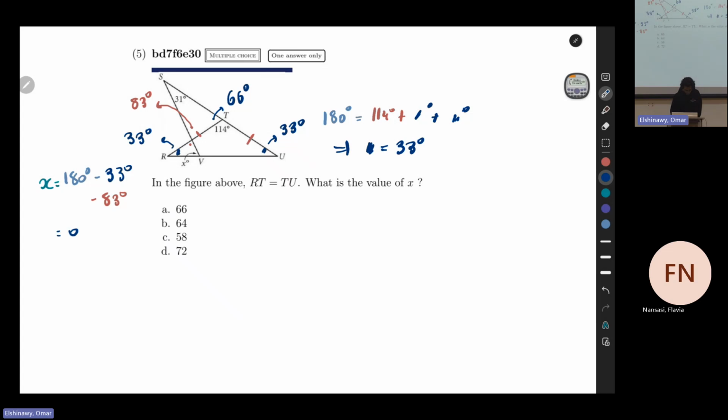64 should be the answer, but I would really like to do it in another way. There are different ways to do it. You're 100% correct on this. But I'm just thinking about something. We have this triangle, right? And we have two angles. We have 31 degrees, we have 33 degrees. Then we immediately get this angle for free.